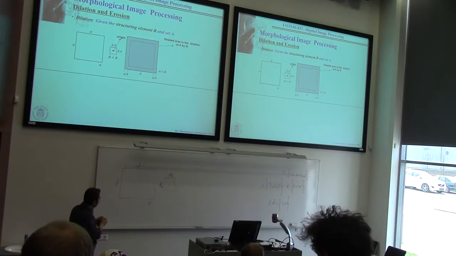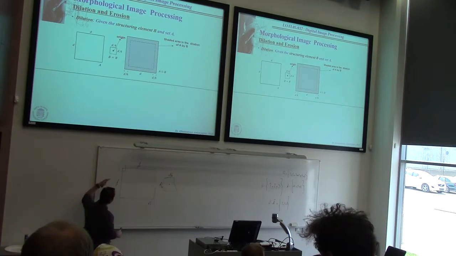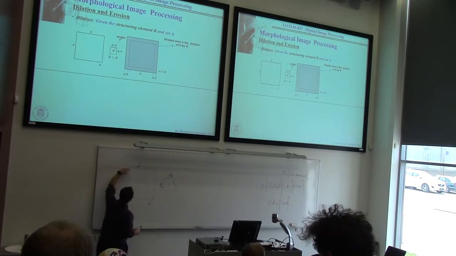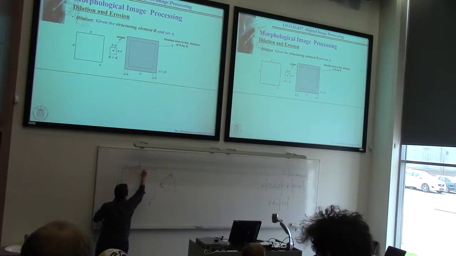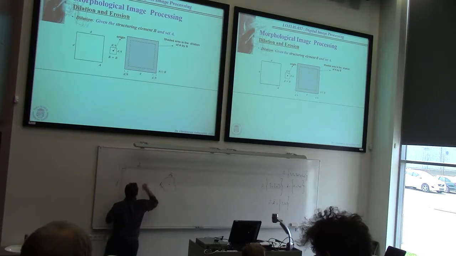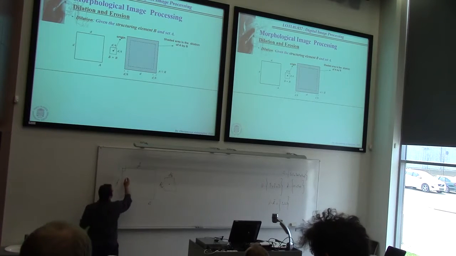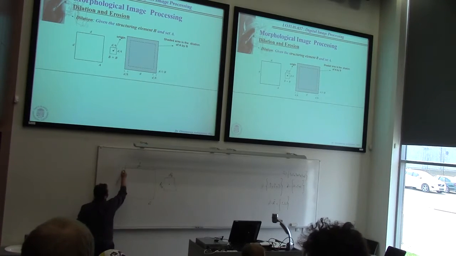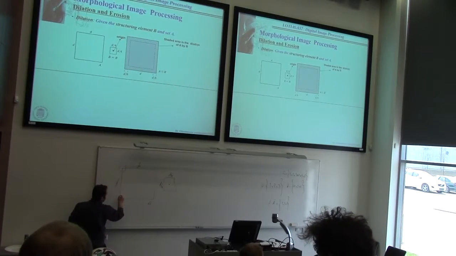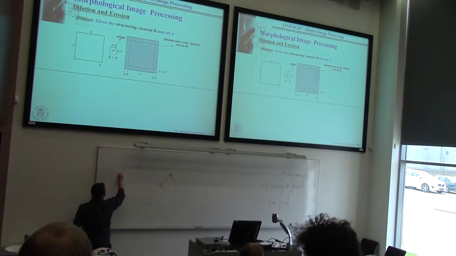Then we go through this axis. Here it means that we add this part to the image because dilation expands the image, and when we go in this direction, we add this part to our image.